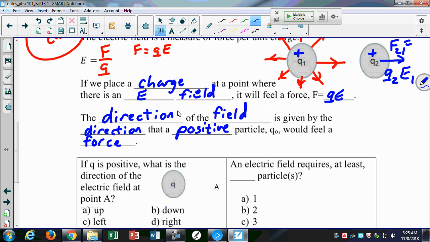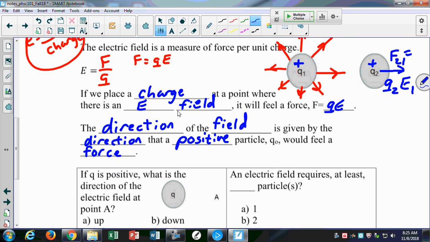So if I have a positive particle right here, and I want to know what the field looks like, or let's say I have a negative particle. I have a negative particle right here, and I want to know what the field around that particle looks like. I take an imaginary positive test particle, let's do green as imaginary, and I ask what is the direction of the force. The direction of the force would be in this direction. So that is also the direction of the electric field.